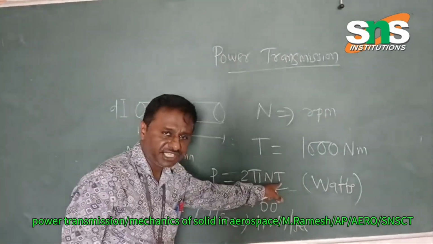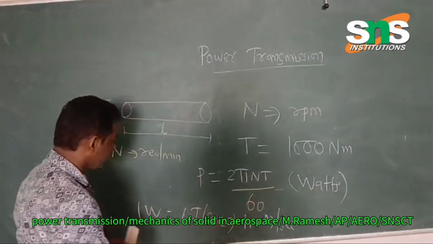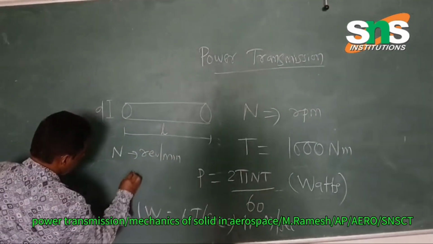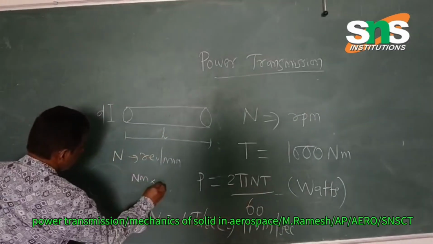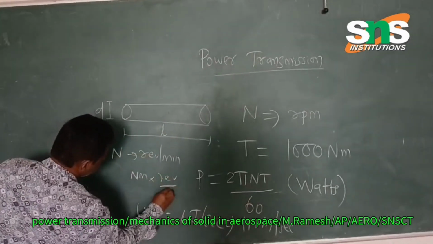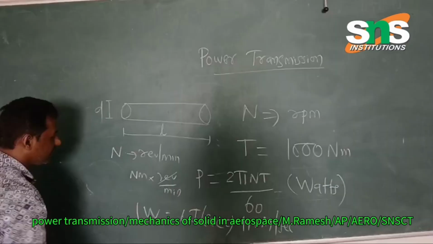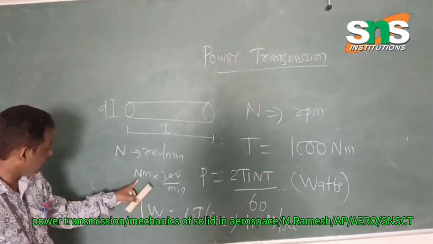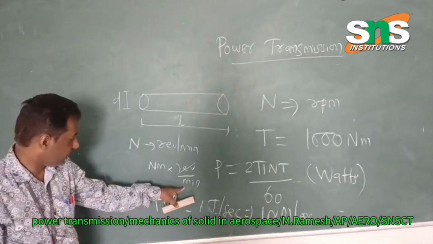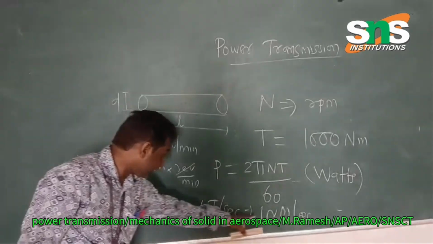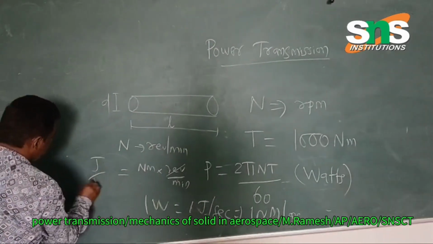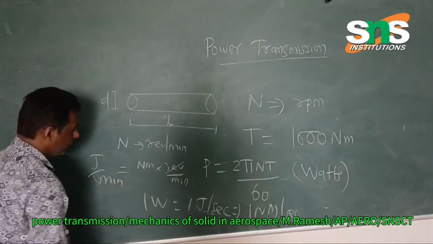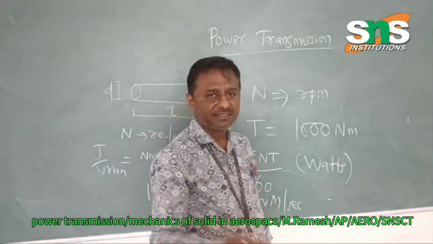Torque is in Newton meter, multiplied by speed in revolutions per minute. Actually, a revolution does not have any unit, so we only have Newton meter per minute, that is, joule per minute.